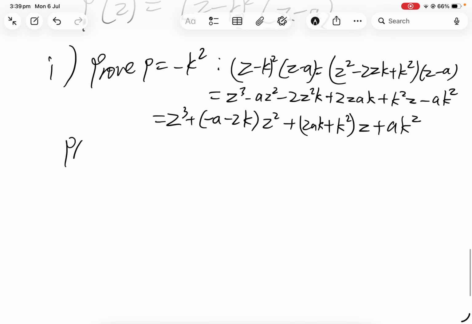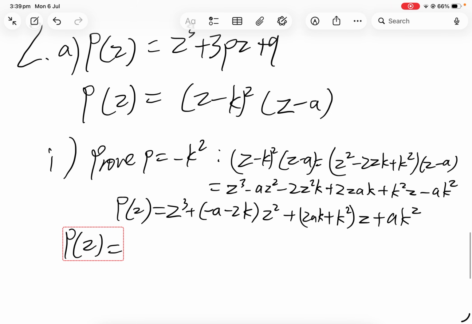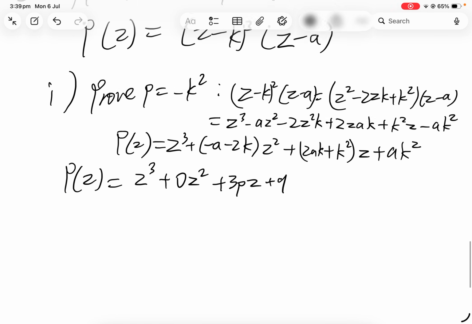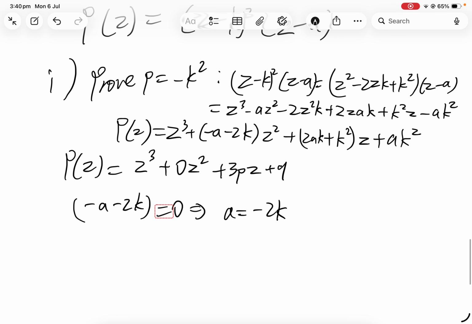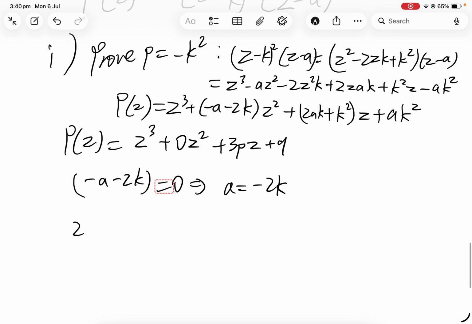But we know that p(z) equals z³ + 0z² + 3pz + q. Then we know that −a − 2k equals 0, which means a equals negative 2k. And then we also know that 2ak + k² equals 3p.